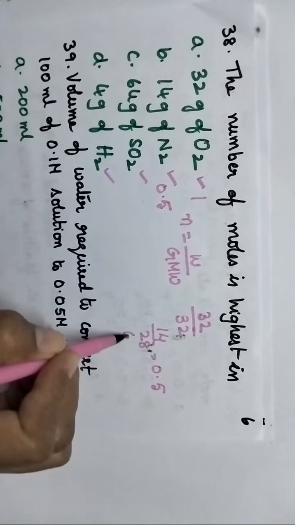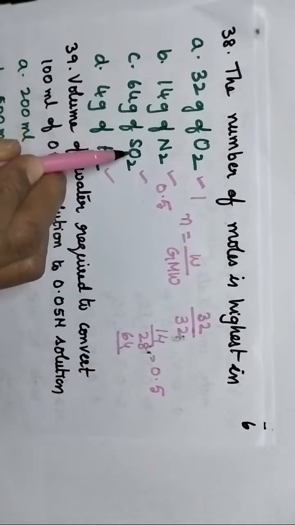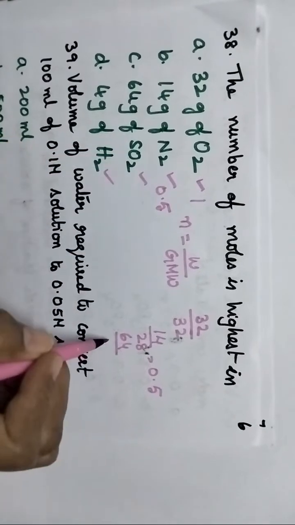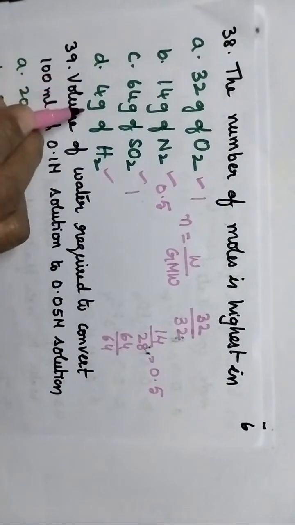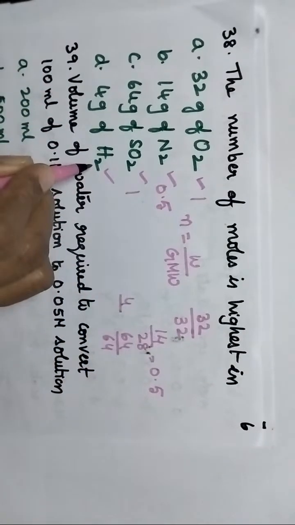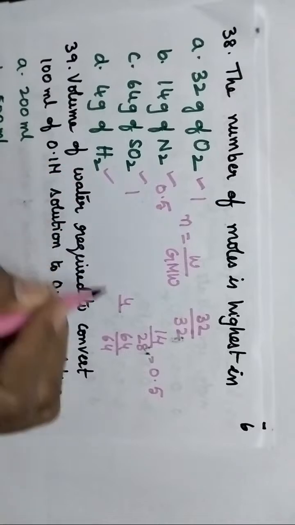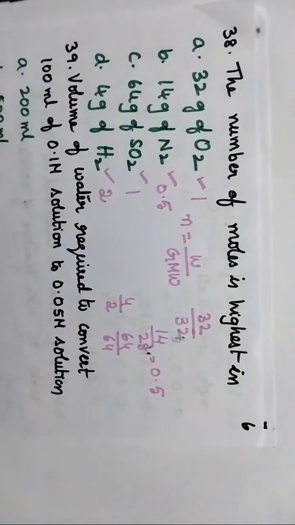Next, 64 divided by sulfur atomic weight is 32, O2 is 32, again 64, and it is equal to 1. And coming to 4 gram of H2, 4 by the gram molecular weight of hydrogen molecule is 2, and it is equal to 2. Now tell me what is the right answer.